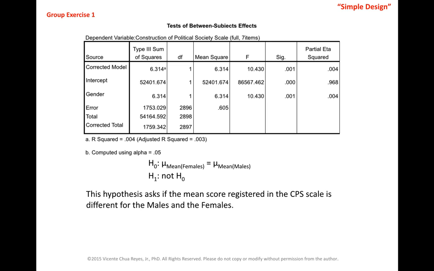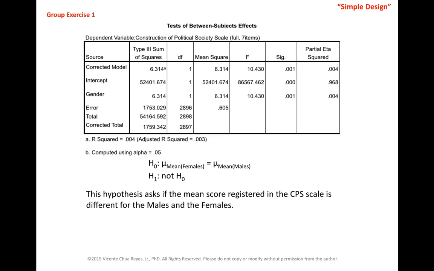There is a hypothesis that is being stated here, and the hypothesis is the null hypothesis. Again, in a previous session, you should have already heard about this. The null hypothesis is that there's no difference between the mean scores of the females and the mean scores of the males. That's represented by H naught, H0, in the formula right there. The alternative hypothesis is that this is not H0, right?